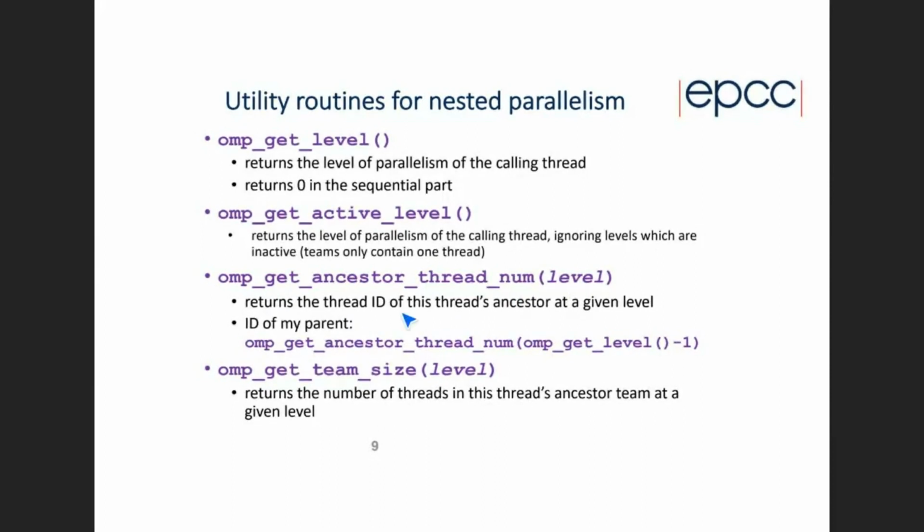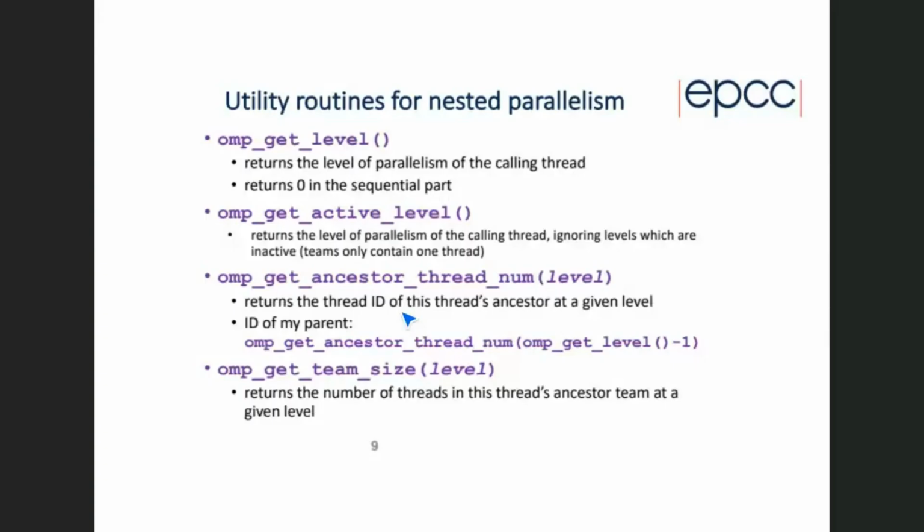That will return the thread ID of this thread's ancestor thread at any given level. In particular, if you want the ID of your parent thread, you would call omp_get_level, subtract 1 from that to go up 1, and then pass that to omp_get_ancestor_thread_num. Similarly, you can also get the team size at higher levels as well.